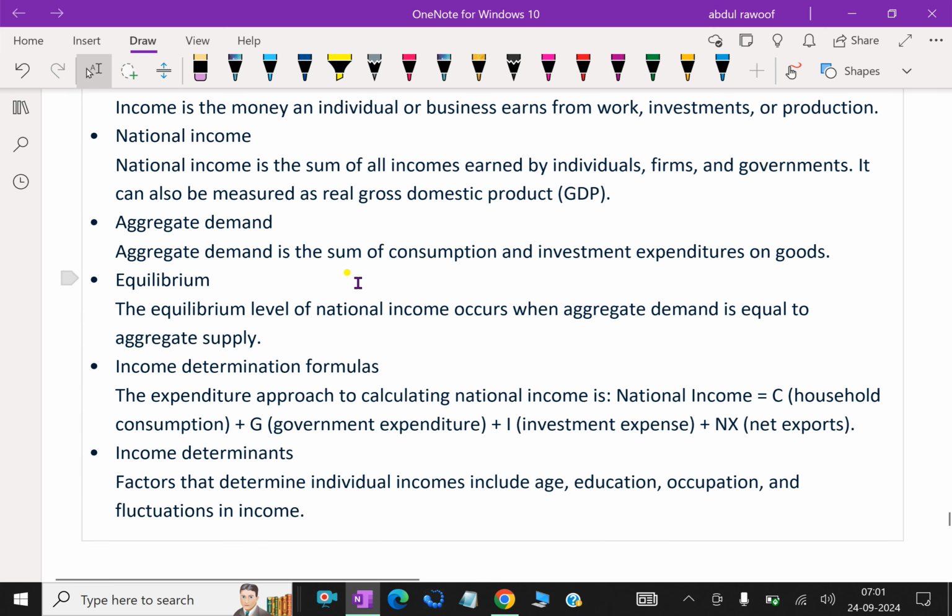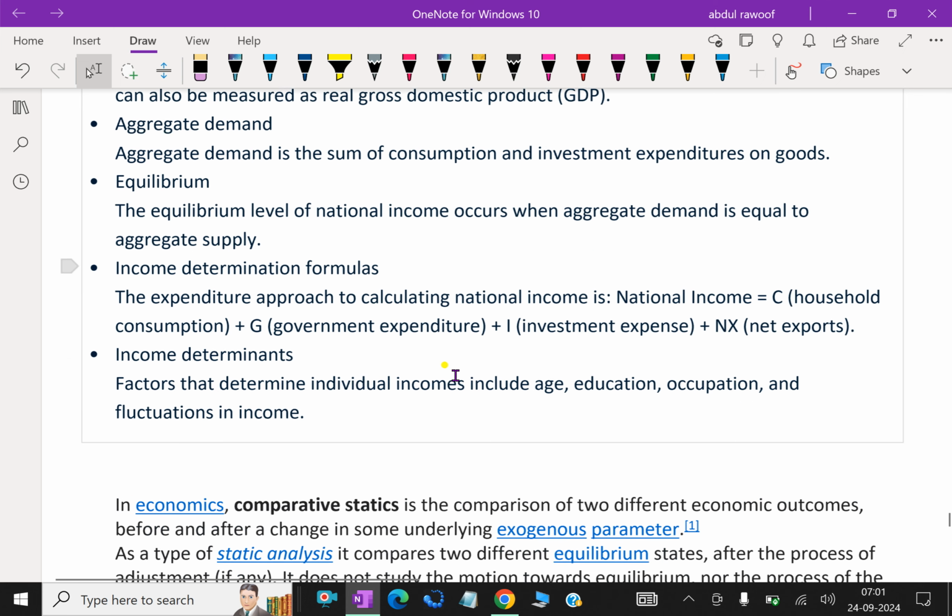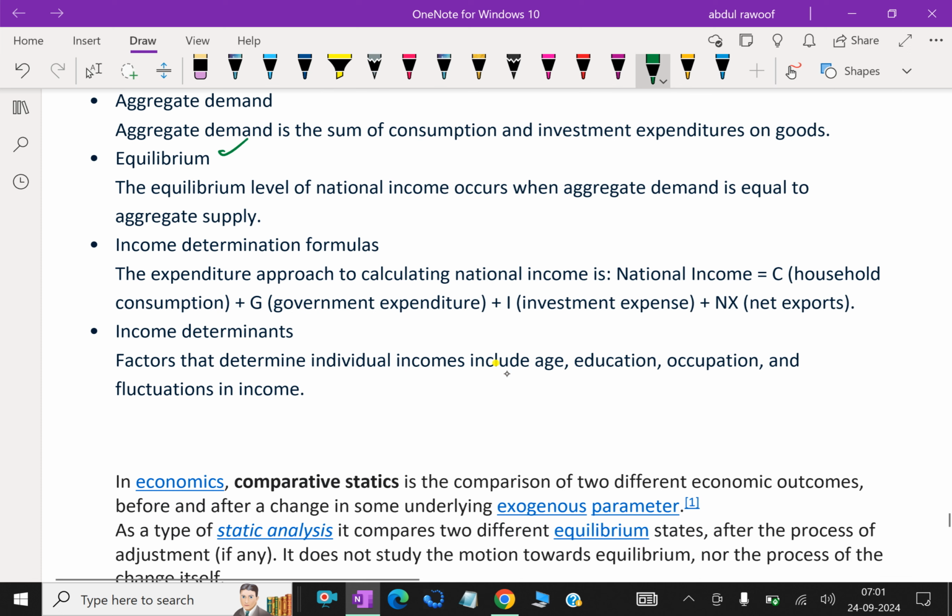Aggregate demand is the sum of consumption and investment expenditure on goods. Next, equilibrium. The equilibrium level of national income occurs when aggregate demand is equal to aggregate supply.